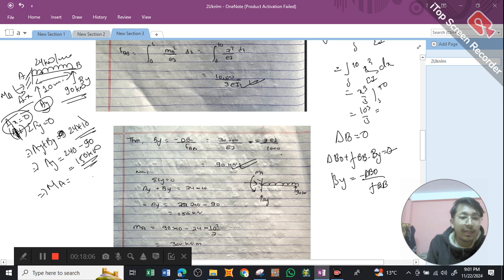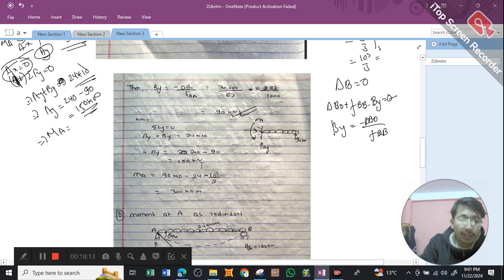Now for the value of MA, we can take moment about any point, so currently we take moment about A equals 0. We take clockwise moment as positive.